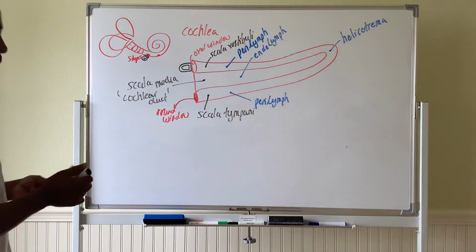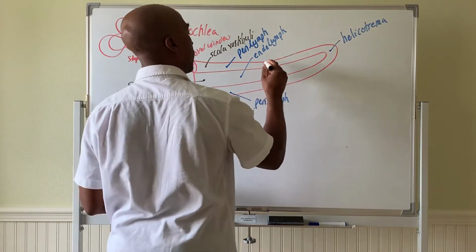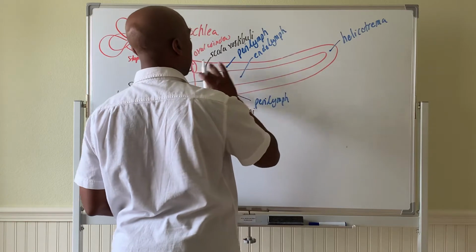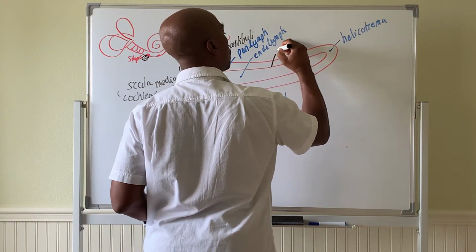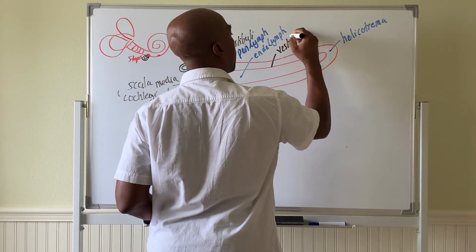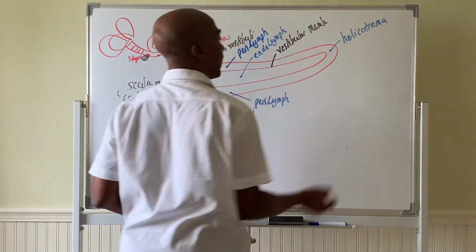Now let's name some membranes. The membrane here that helps to form the scala media is called your vestibular membrane.